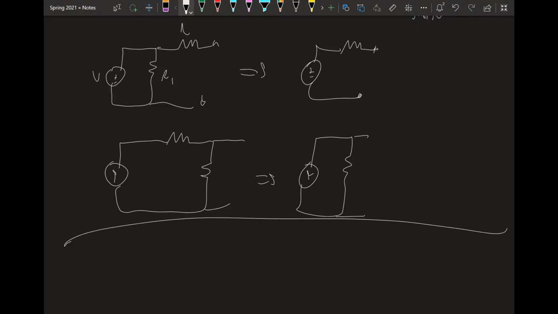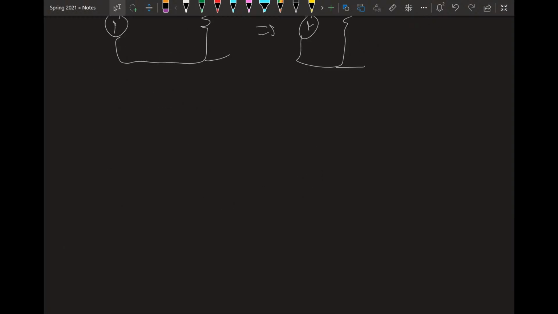Let's talk about some steps. So for these we're trying to find V Thevenin, R Thevenin, and I Thevenin. So let's talk about how you solve V Thevenin for a circuit.